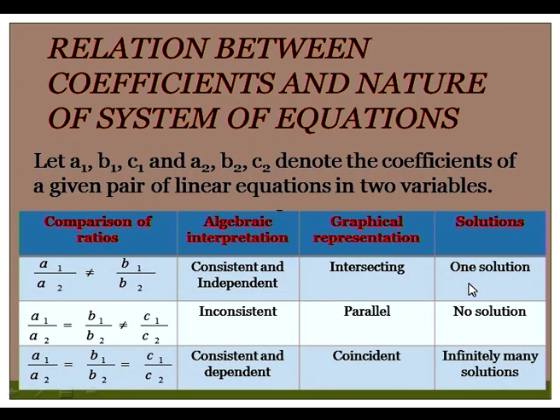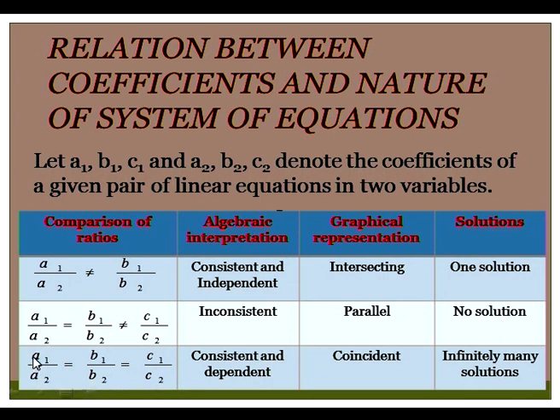When a1 by a2 is equal to b1 by b2 but not equal to c1 by c2, then the lines are said to be inconsistent. So, on the graph we find the pair to be a set of parallel lines. So, we can say that there can be no solution possible for such a pair of linear equations.